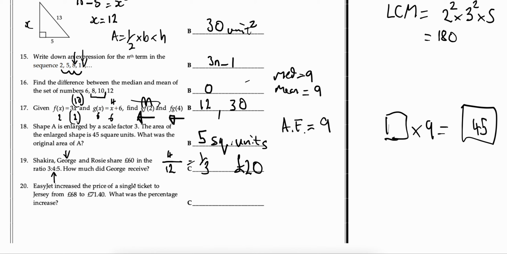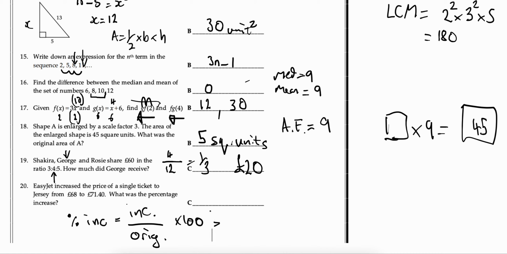EasyJet increased the price of a single ticket to Jersey from £68 to 71.4. What was the percentage increase? So to find the percentage increase, you need to find the increase divided by the original, times by 100.